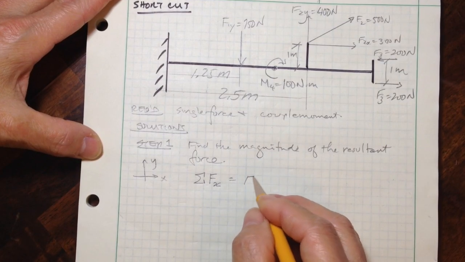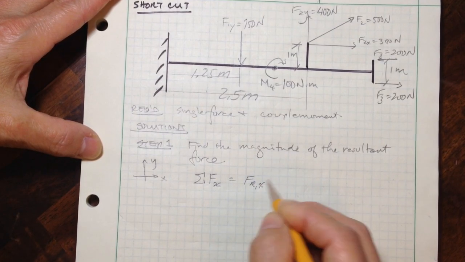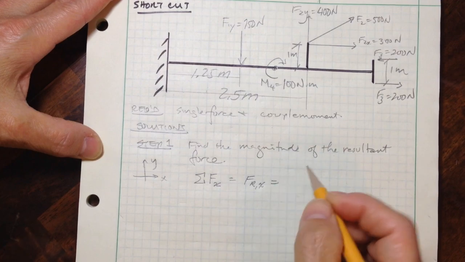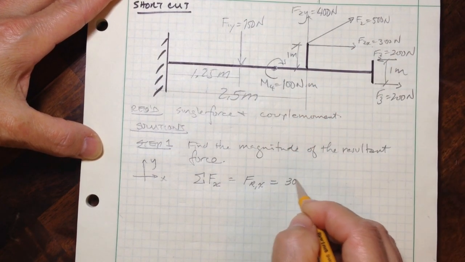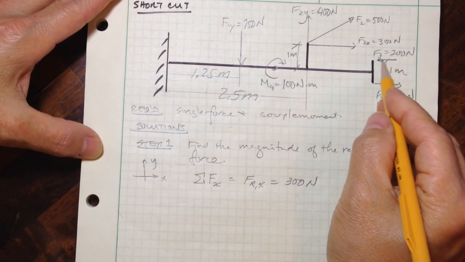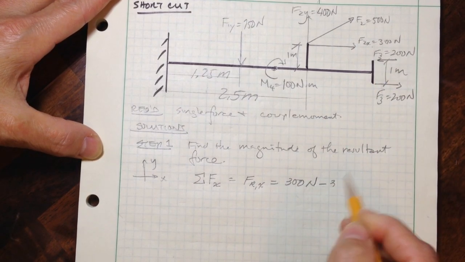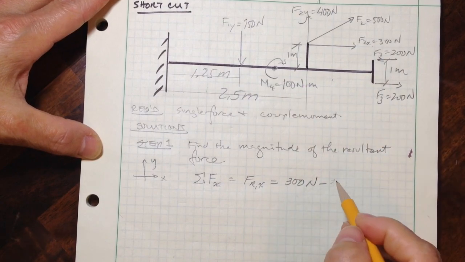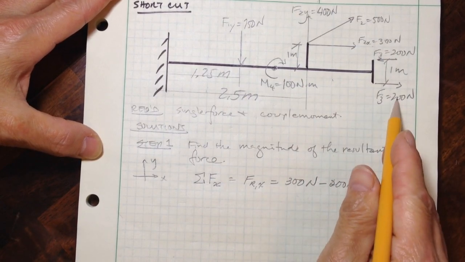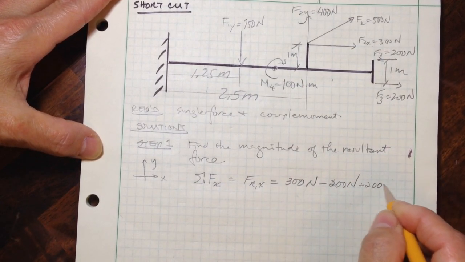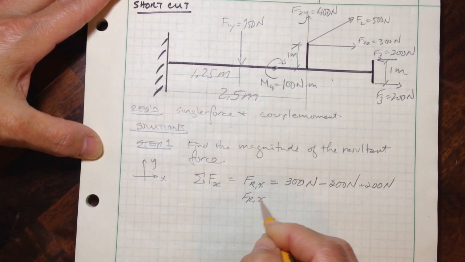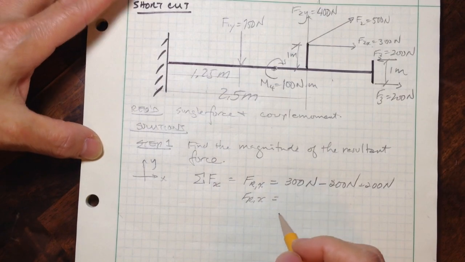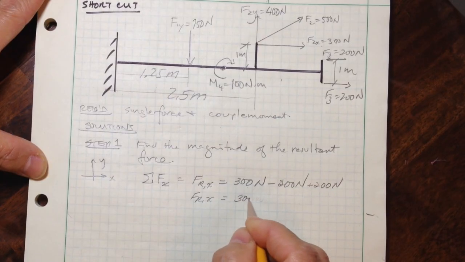That will give us this resultant force in the x, and that's simply this component right here, this component right here, minus 200 plus 200, and that's it. So our resultant force in the x is 300 newtons.